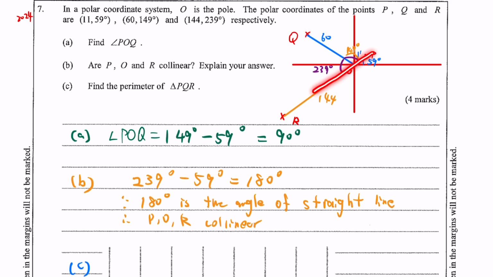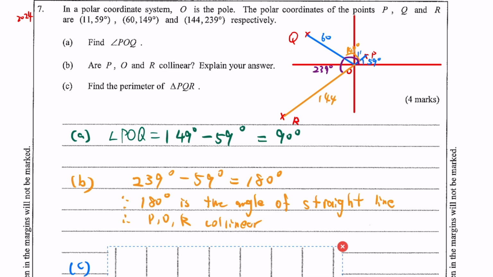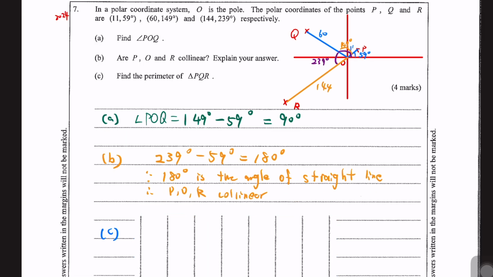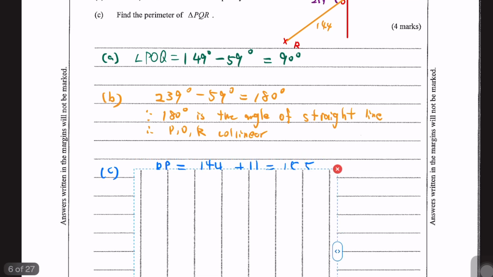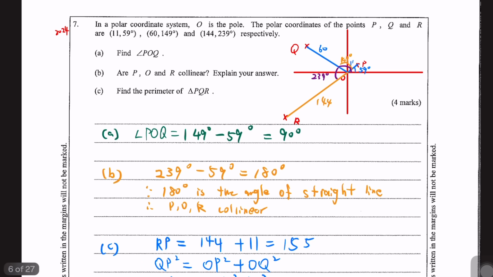Okay, find the perimeter of PRQ. So PR, you already have it, as 144 plus 11, okay? And QR, do we have QR? You don't have QR yet, and you don't have PQ. But remember that even though here nothing looks like a right angle, it's a right angle. So for a right angle, you can use the Pythagorean theorem, okay? So you need to be aware of that, and label it on the graph as a right angle.